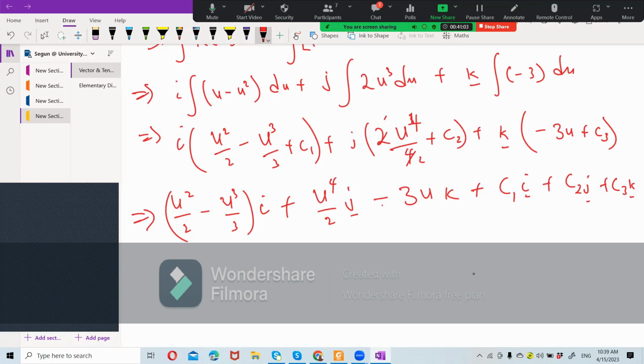At the end of the day, C1, C2, C3, they are all constants. They are still constant, so you don't need to separate them.